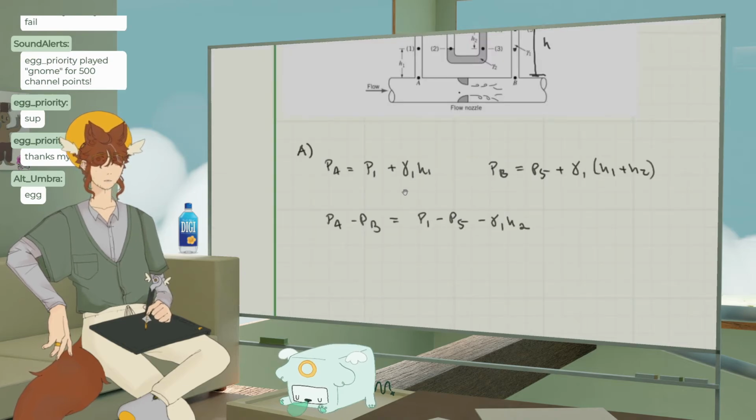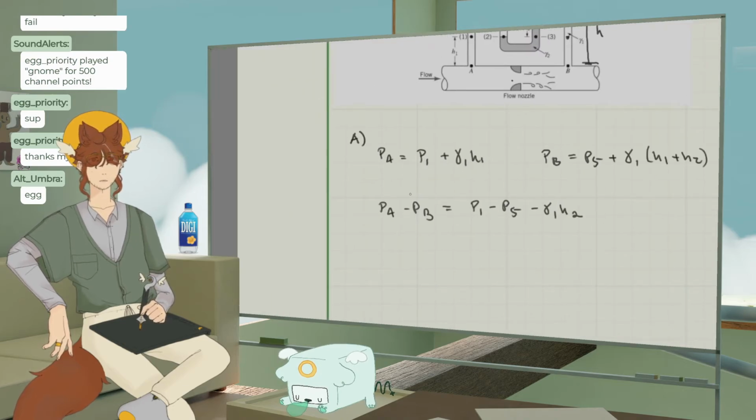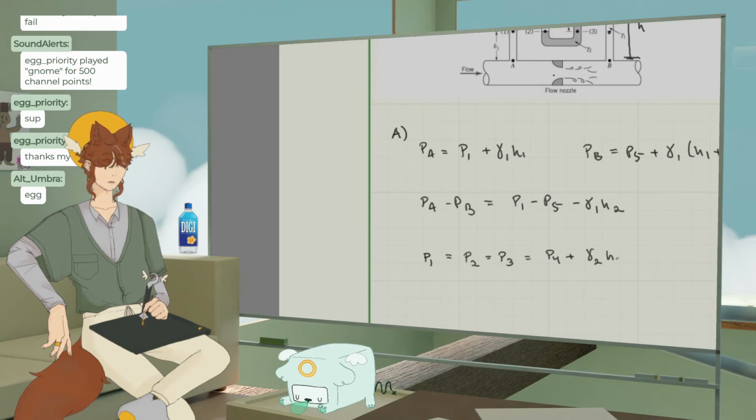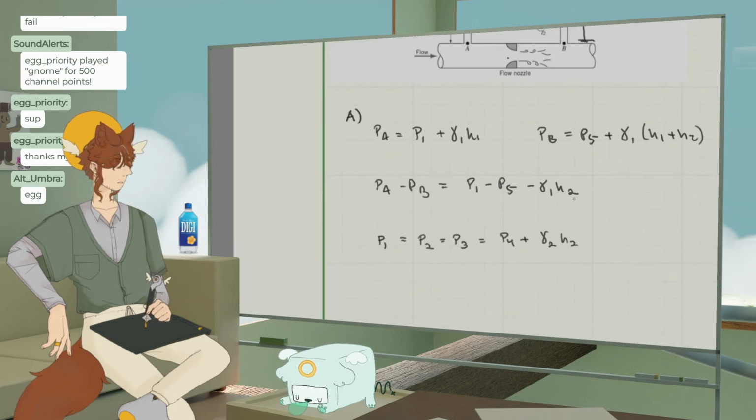So P1 equals P2. Don't even try to describe it as anything other than that. Equals P3 equals P4 plus rho 2 H2. So that way we have no H's.